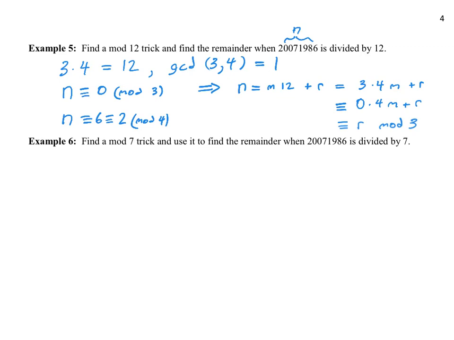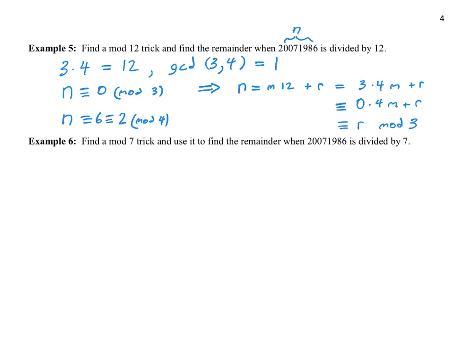So we know that our number n in mod 3 is the remainder when we divide by 12, and it's 0 in mod 3. So what are the possible values of that remainder?